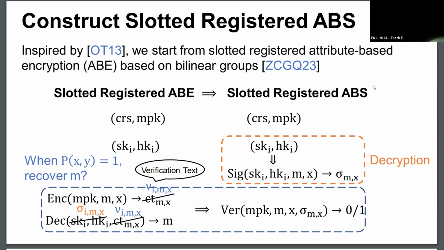Then we can use this verification text and signature to perform the pre-decryption algorithm. So if the attribute matches this policy, it can recover the message correctly. So if this delegated signature can inherit the decryption ability of the secret key and help key, this verification is feasible.